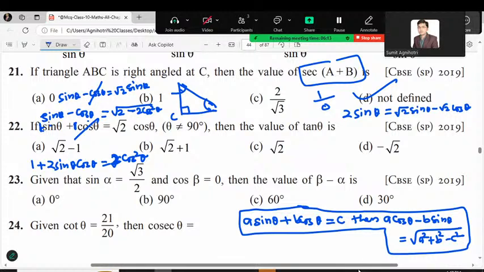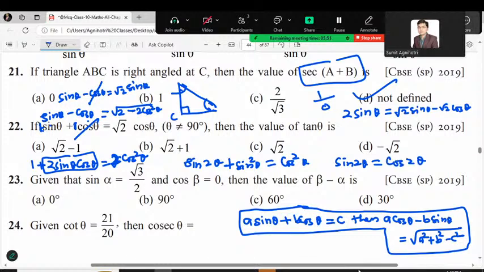Okay, you can get sine 2 theta. 2 sine theta cos theta is sine 2 theta, and 1 minus cos square theta is sine square theta, and cos square theta is here. You have shifted one cos square theta, and now it becomes sine 2 theta, and cos square theta minus sine square theta is cos 2 theta.